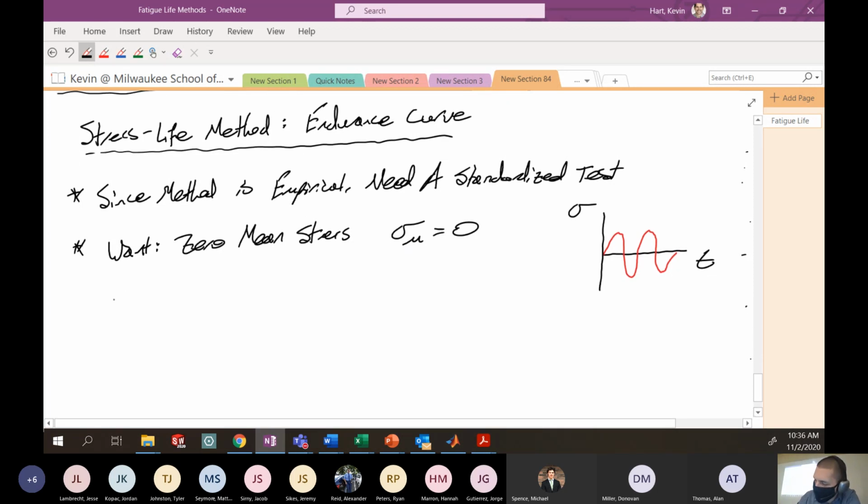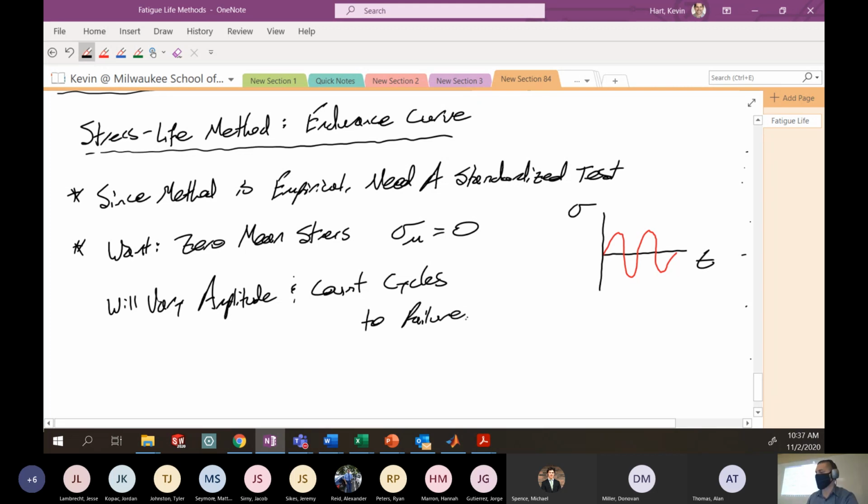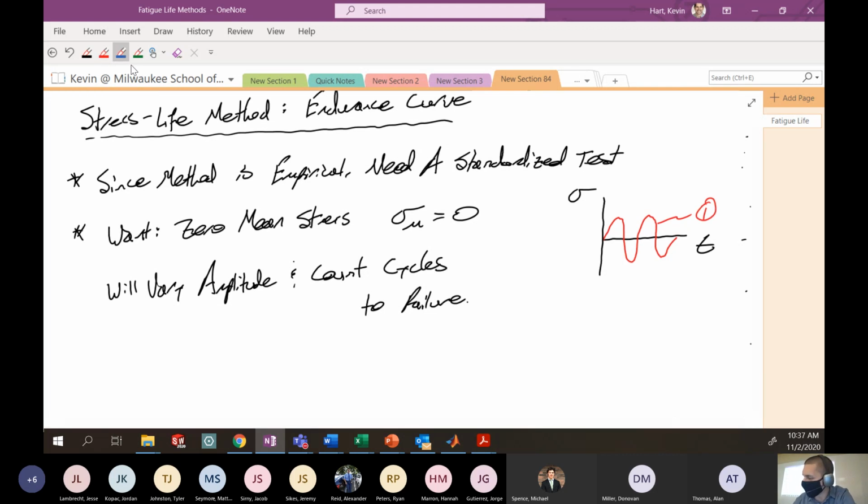And we will vary amplitude and count cycles to failure. So maybe this is like test number 1. And then you run another test with 0 mean stress, with just a more aggressive amplitude.